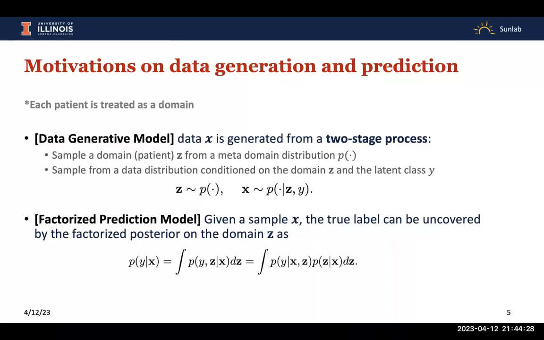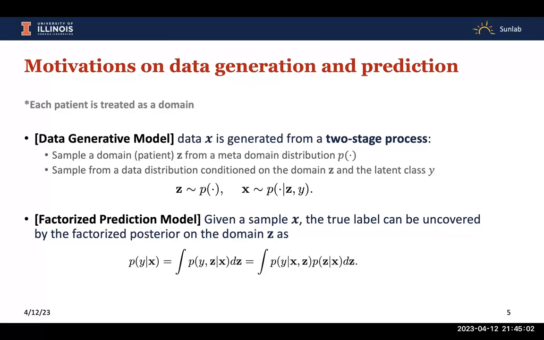We assume each data sample X is generated from a two-stage process. In stage one, we sample a domain from a meta-domain distribution. In stage two, we sample a data sample from a distribution conditioned on the domain and the latent class Y. That is, we sample from this domain meta distribution P, and then sample from this conditional distribution given the domain and the latent label Y.